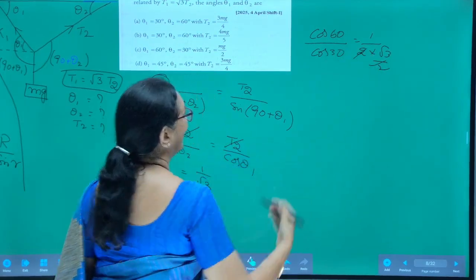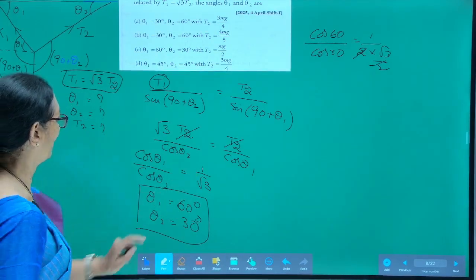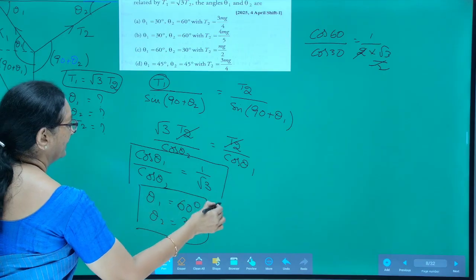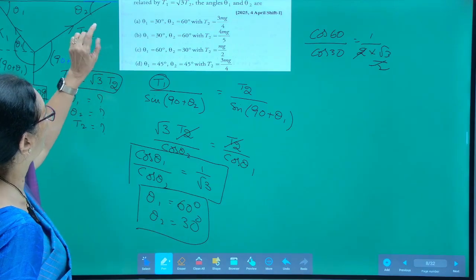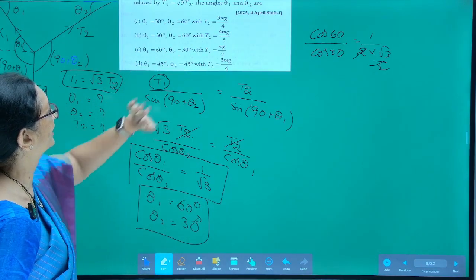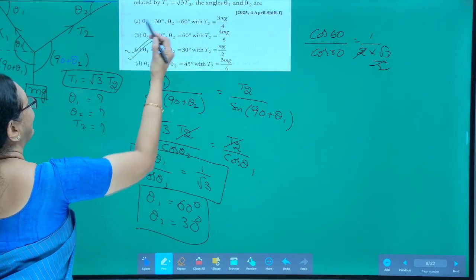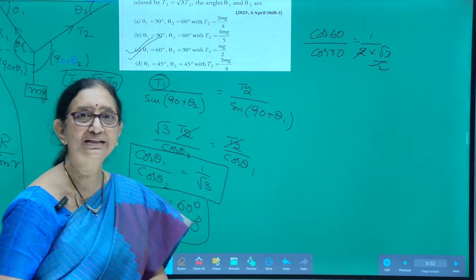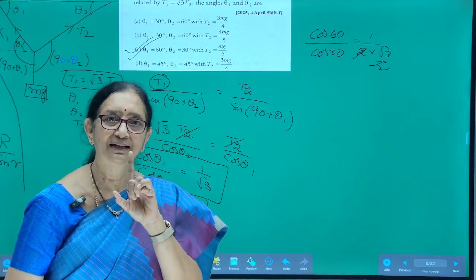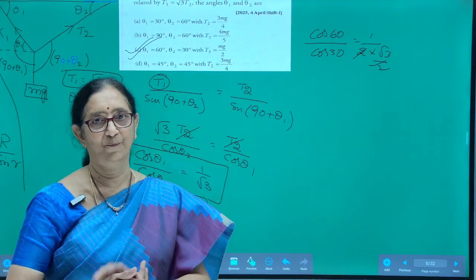So, cos theta 1 by cos theta 2 is equal to 1 by root 3. So, theta 1 is 60, theta 2 is 30. So, the answer is found, because with those theta 1, theta 2 values, there is only one option.